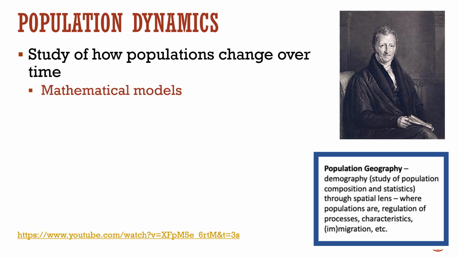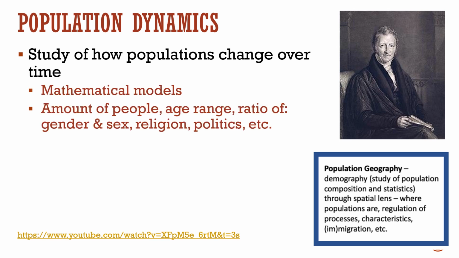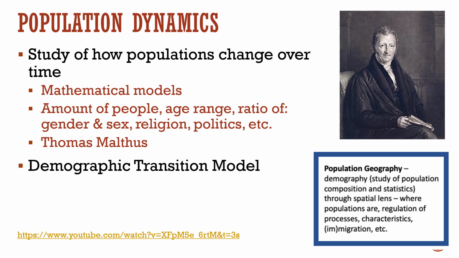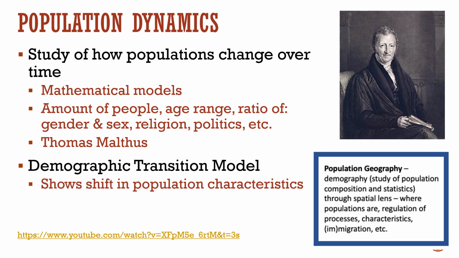These are mathematical models that look at things like the amount of people, ages, age range, the ratios of gender and sex, religion, politics, etc. In the picture here to the right, Thomas Malthus came up with this idea, kind of termed it. Again, the demographic transition model that we just mentioned shows the shifts in characteristics, and there are 5 stages that we're going to go through in just a minute.